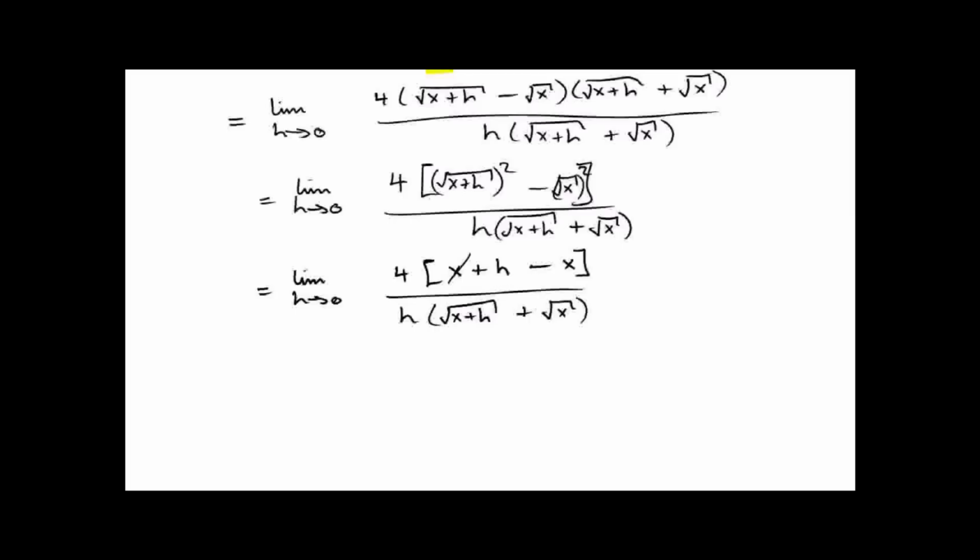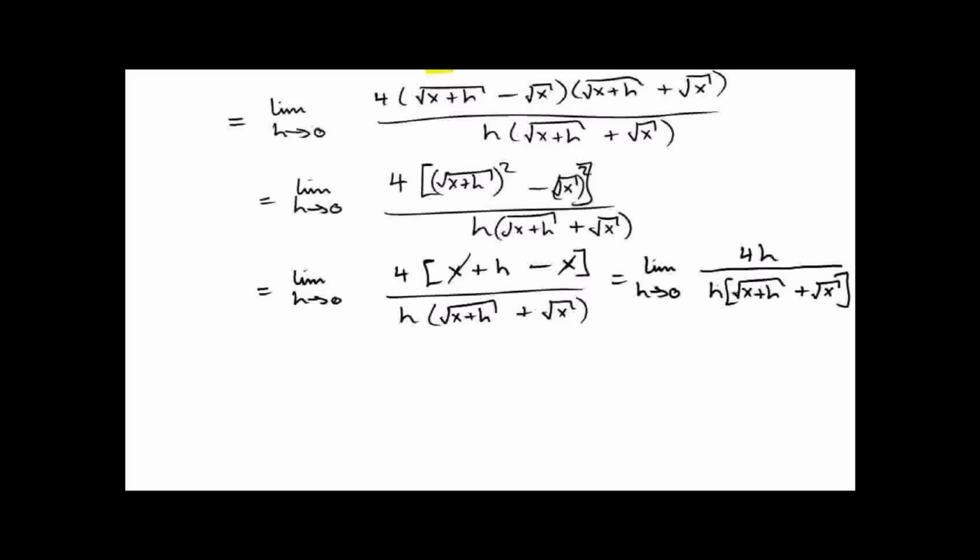Now on top, the good news is plus x and minus x cancel out. And that means that effectively on top we're just left with 4h, aren't we? But then the h that I've been trying to get rid of all this time is about to disappear. So that's the limit as h approaches 0 of 4h divided by h by root x plus h plus root x.